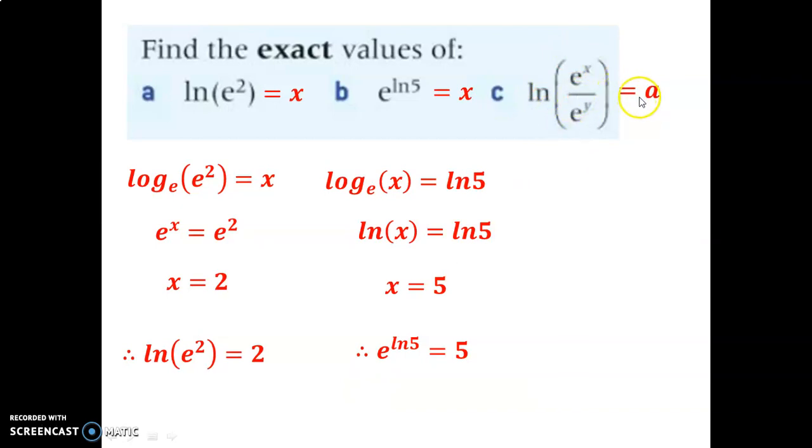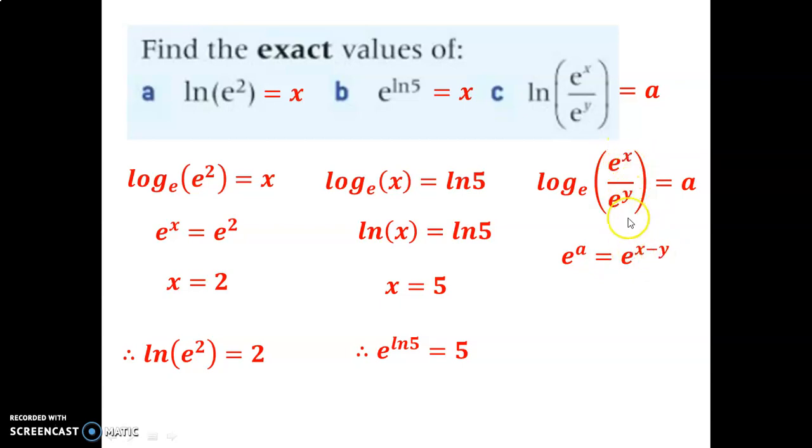Okay, this one I set equal to a, and the reason is instead of using x, because I see an x here, I don't want to confuse that with that x, so I'm setting it to another variable. Now this is in log form. This is log base e again, right? So log base e of that equals a. Now change into exponential form, e to the a equals e to, here you can combine these by doing subtraction of exponents, right?